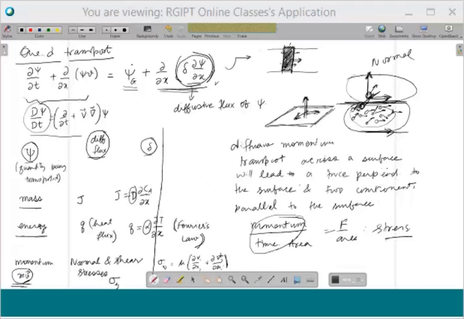For a one-dimensional case, only one of these will survive. You will have only mu del Vx by del y. So if V is only directed along x direction, Vy is 0, and sigma xy would be equal to mu del Vx by del y. So in that case, it's much simpler.